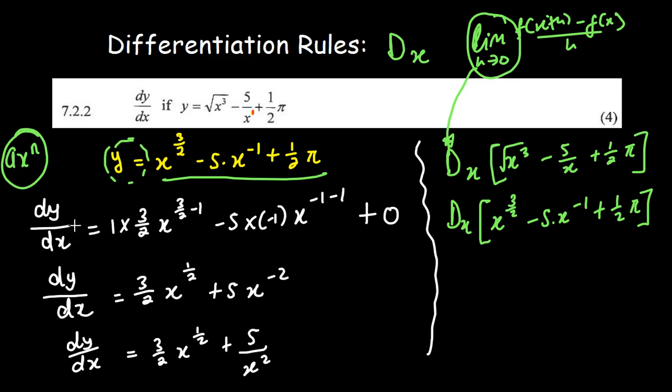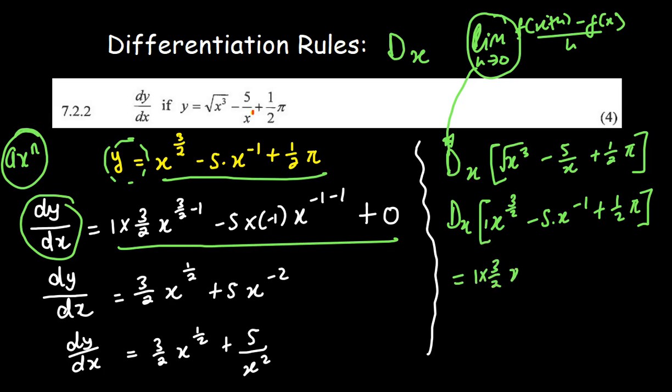Now, when we started to apply the rules, we wrote dy over dx. So for this one, when you start applying the rules, you just write an equal sign, then you apply the rules. There's 1 here, right? You say 1 times 3 over 2, and then x to the power 3 over 2 minus 1.